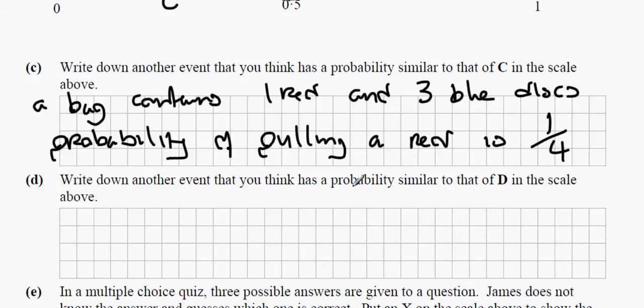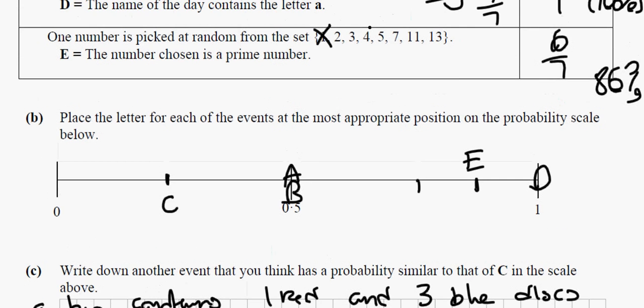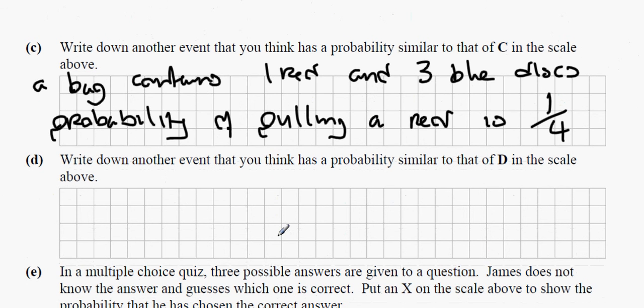Okay, write down another event you think has a probability similar to that of D in the scale above. So D is 100%. Trying to think of something that's dead certain.